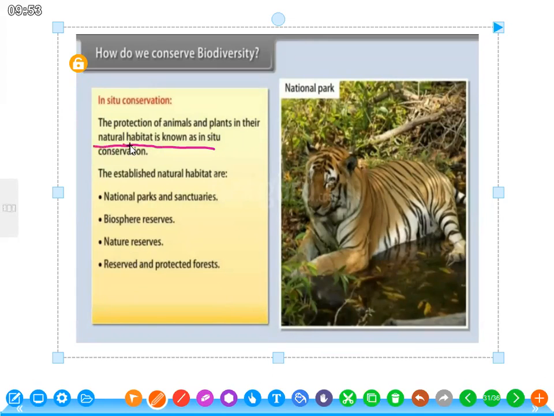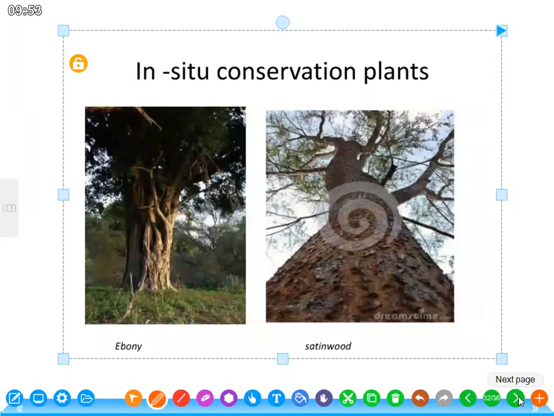The established natural habitats are biosphere reserves and national parks. Okay, these are the examples. Among in situ conservation plants, here you can observe ebony and satinwood.